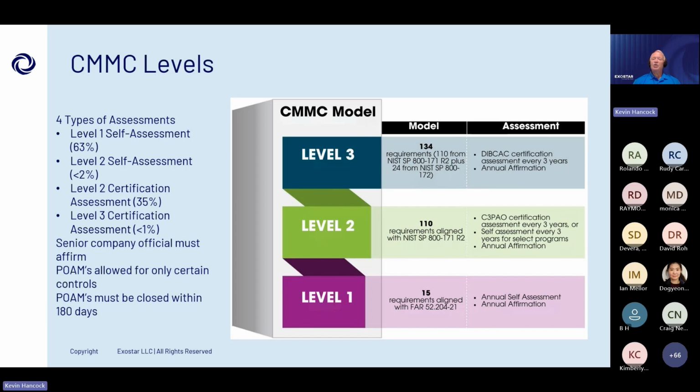Now, level 2 is when we start to see this new requirement of third-party assessment organizations checking on your compliance with NIST 800-171. And NIST 800-171 is simply the National Institute of Standards requirements around safeguarding of controlled unclassified information in non-governmental systems.